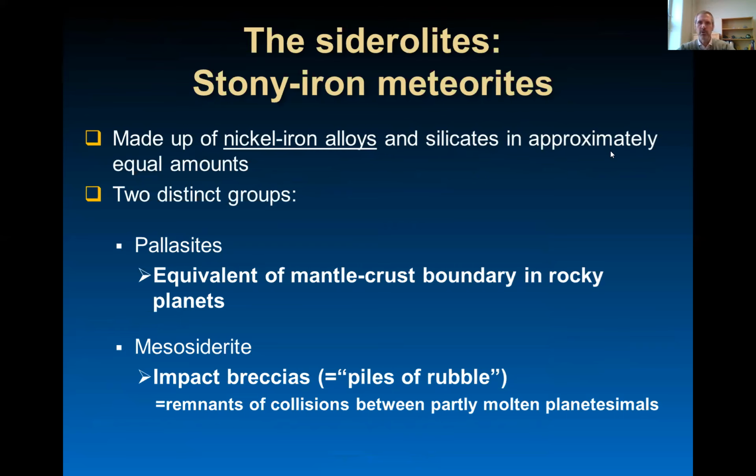And we can distinguish two groups of siderolites: the pallasites, which are the equivalent of the crust-mantle boundary in rocky planets, and the mesosiderites, which are what we call impact breccias. They are basically a pile of rubble stuck together, and we believe they are remnants of collisions between partly molten planetesimals.